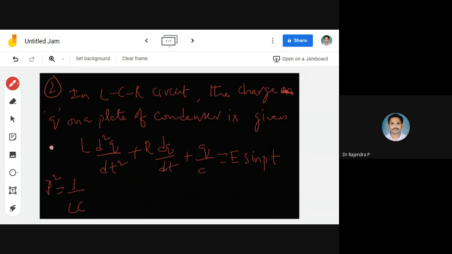So in the problem, you can utilize this hint. And as usual, initially I equal to 0, Q equal to 0, when t equal to 0.